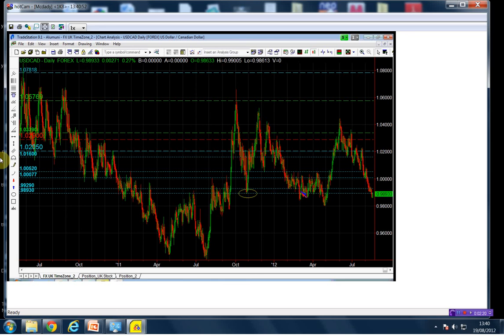Yet when we failed, look how long it held, for quite some time. And then when we broke through it back in April, May, we really did not have any follow through to the downside.